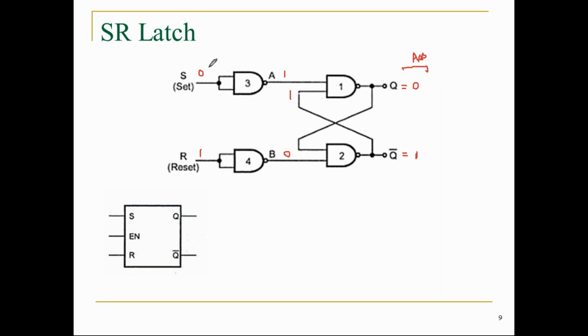Second assumption, for the same input combination, initially instead of 0, I made the assumption this is a 1 and this is a 0. Okay. What will happen? Since it is 0, this 0 comes to here. Please listen carefully. 0 comes to here.